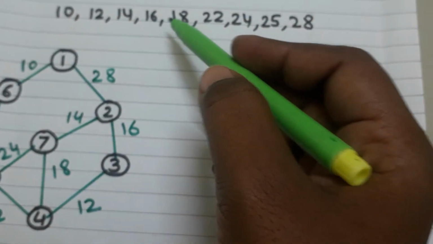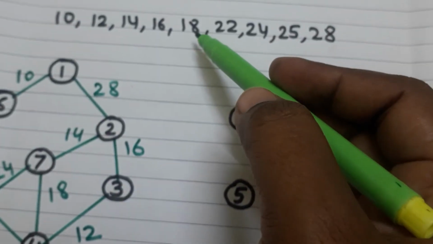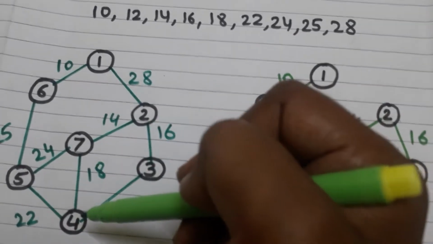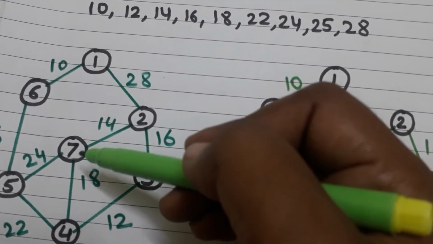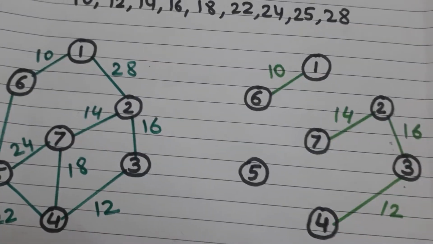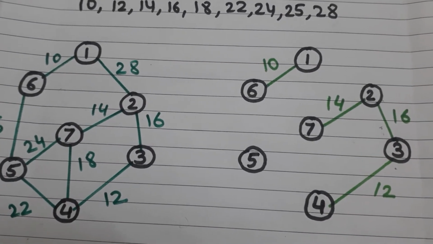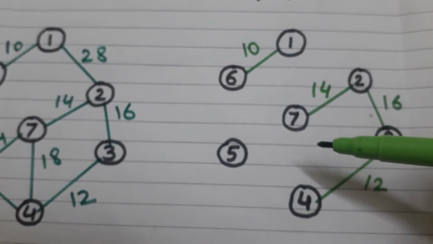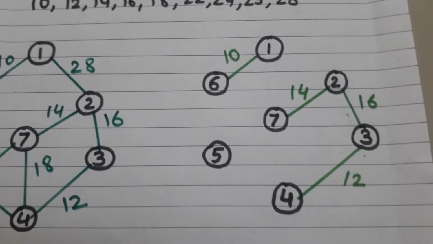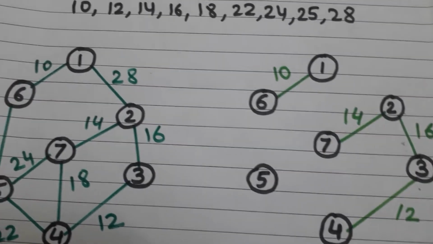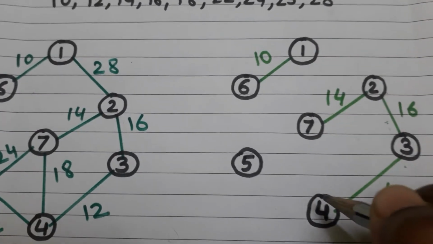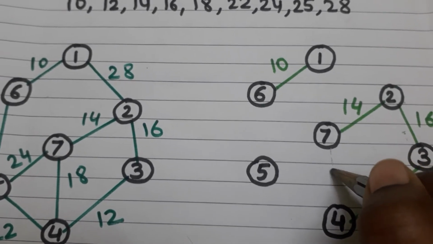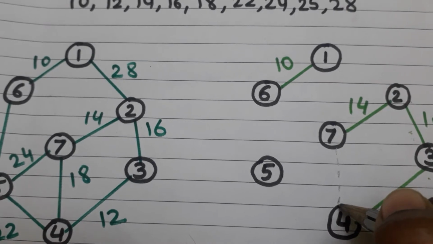Now the next number is 18. We can check that 18 is present with the edge 4 to 7. If we add 18 in this minimum cost spanning tree, you can see that we will create a loop. If we create this edge from 4 to 7 or 7 to 4, it will create a loop.